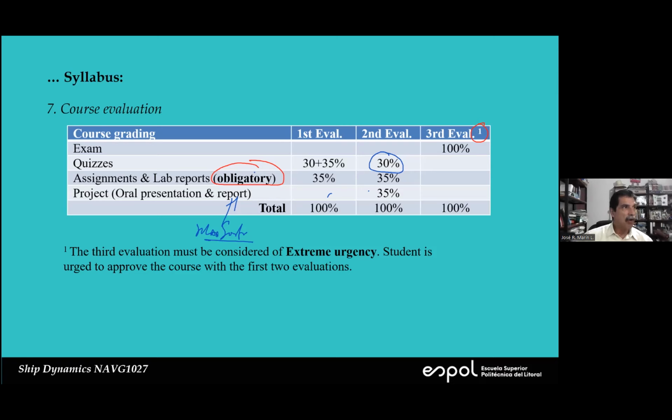There are no second chances. This is not new for you since you have taken many classes from me before, right? So I hope this is not new for you.